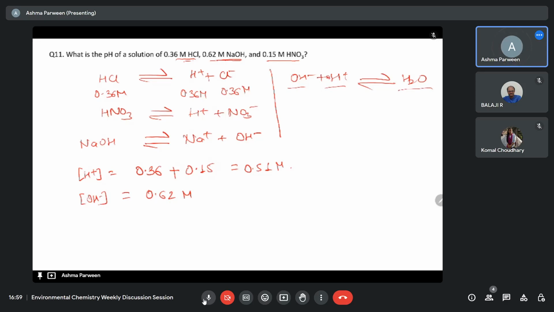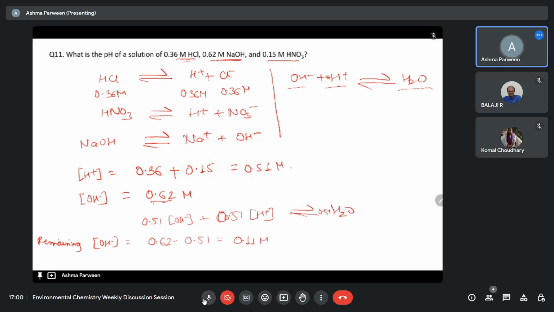So out of this 0.62 molar, 0.51 molar of OH minus will react with 0.51 moles of H plus to form H2O. So we will have OH minus remaining as 0.62 minus 0.51, that will be 0.11 molar.